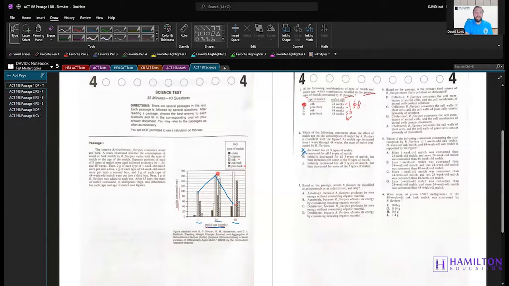Well, it went up initially for at least the oak, so we know it's not that one. And J, initially increased for all 5 types of mulch, but then decreased for some of the 5 types of mulch. And that looks correct because, for example, the oak bark went up the entire time, whereas the oak went up and then decreased. So J is our correct answer.